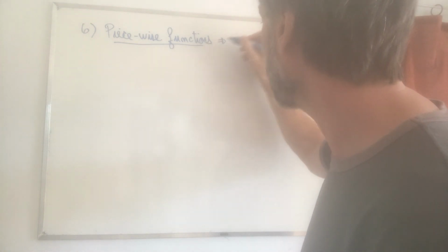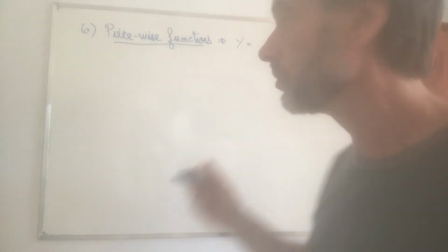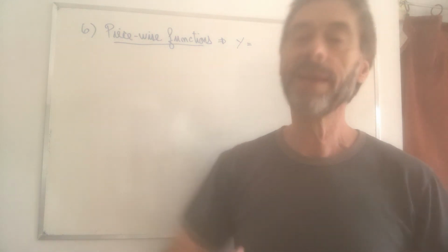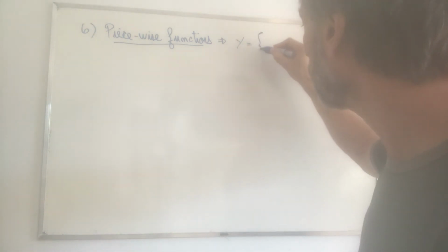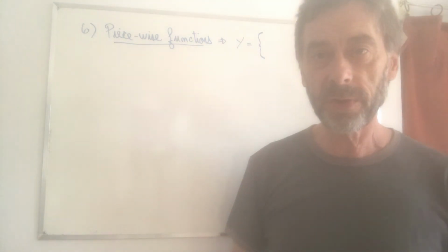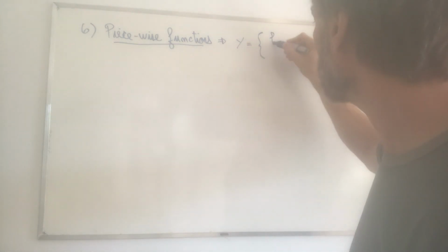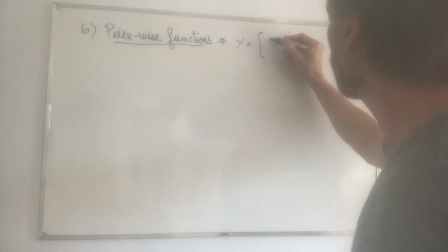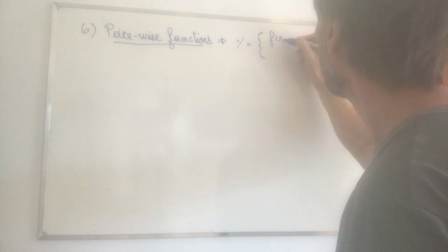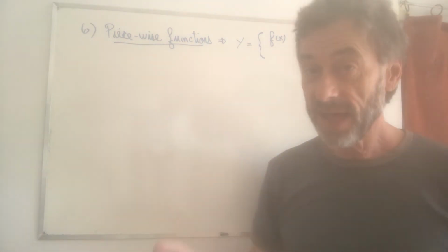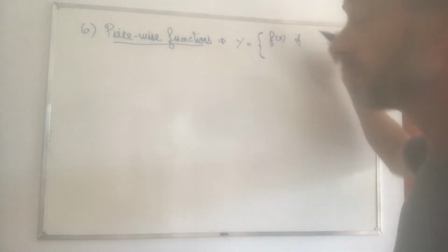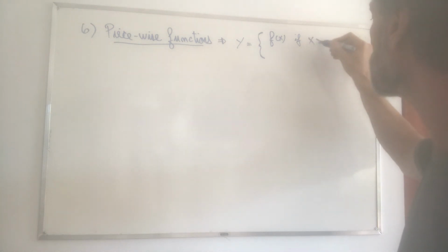So what you're going to have is something like y equals, and then y is not one single thing like a rational function or a radical function. It could be several things. So that's why we put a curly bracket. We're going to say that y can be f of x for certain values of x, x greater than or equal to a, say.